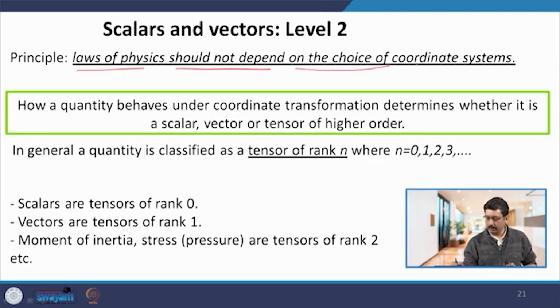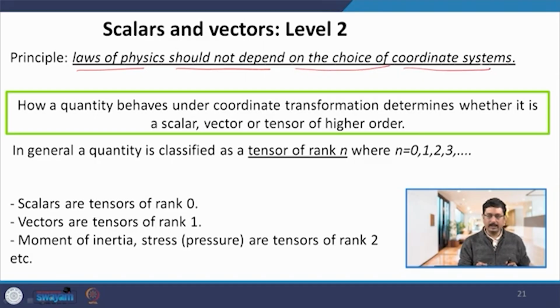Let us continue with our review of scalar vectors and tensors. In physics, the most general way to think about scalars and vectors is the principle that the laws of physics should not depend on the choice of the coordinate systems.